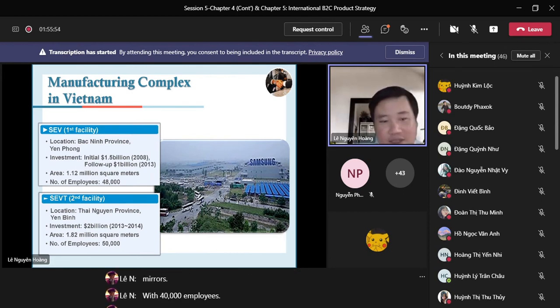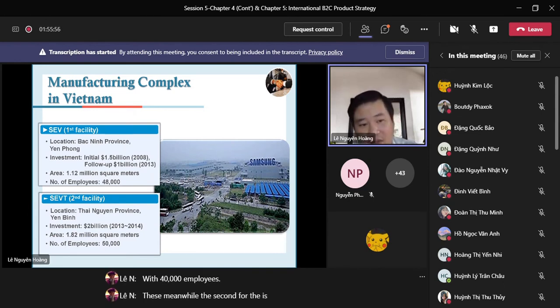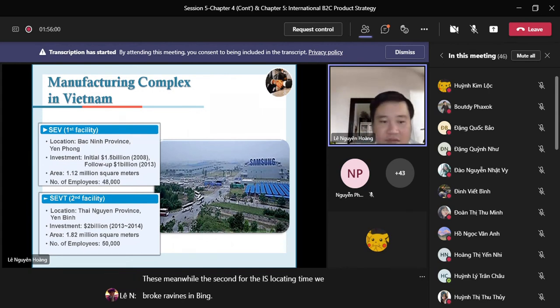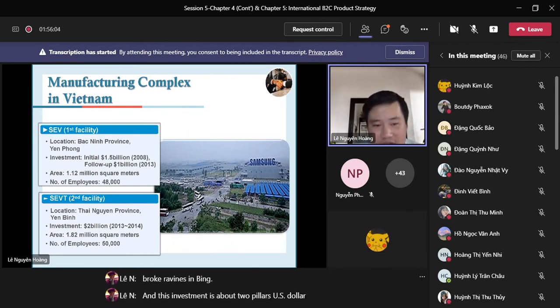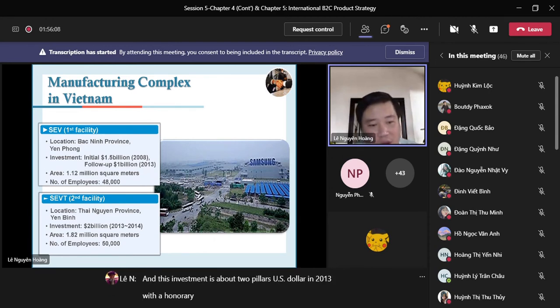Meanwhile, the second facility is located in Thái Nguyên province, Yên Bình, and its investment is about 2 billion US dollars in 2013, with an area of 1.82 million square meters and 50,000 employees.